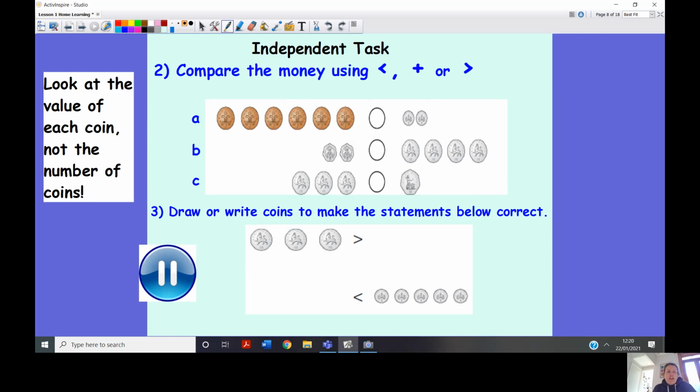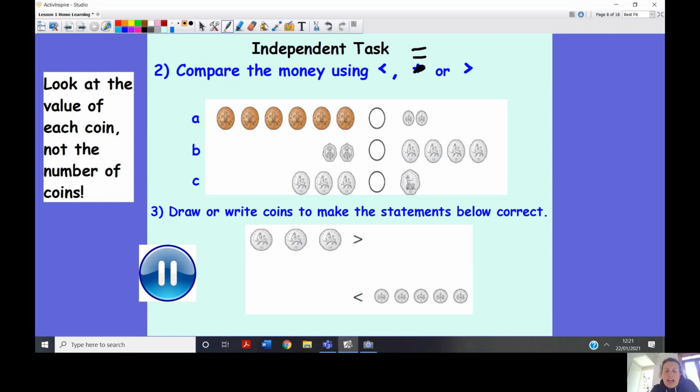Right, you've now got time for another task to complete. So on your paper, you need to write question 2, A, B, C, and then question 3. So question 2 is going to ask you to compare the money using the less than, equal, or greater than sign.